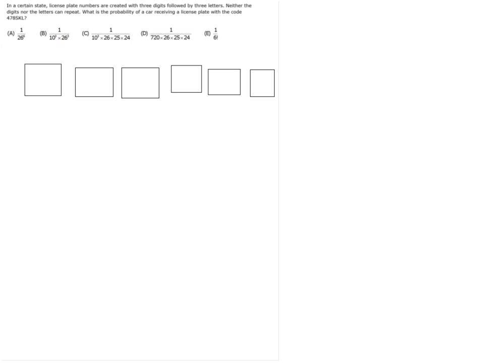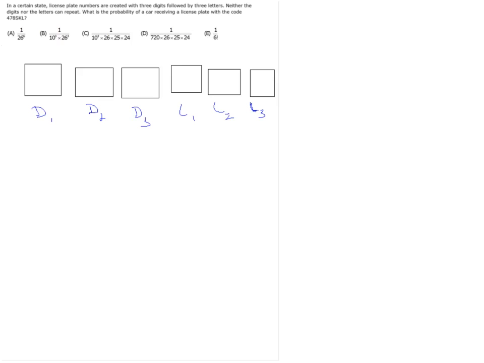So 6 things go into this license plate. So we have digit 1, digit 2, digit 3, and then letter 1, letter 2, letter 3. And if you haven't noticed, diagrams are really helpful for a lot of this stuff because a picture really is worth 1,000 words or more when it comes to questions like this.